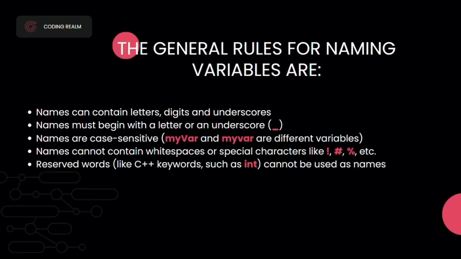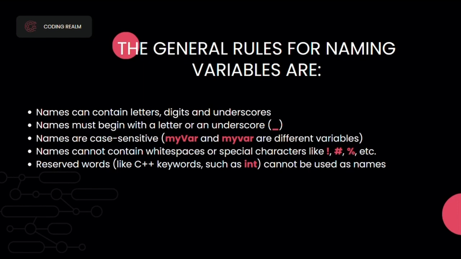The general rules for naming variables in C++. First, the names can contain letters, digits and underscores. Names must begin with a letter or an underscore. Names are case sensitive, like myVar and myvar are different variables, because the v in the first myVar is a capital, but in the second myvar it is a small v.